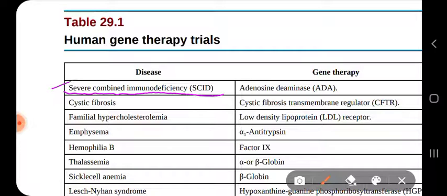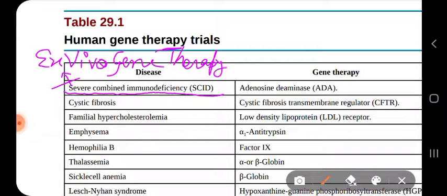And what type of gene therapy we use, we'll study now: ex vivo gene therapy. Through ex vivo gene therapy we can cure this SCID, and mainly the gene responsible for SCID is a defective gene which produces the enzyme called adenosine deaminase, ADA.